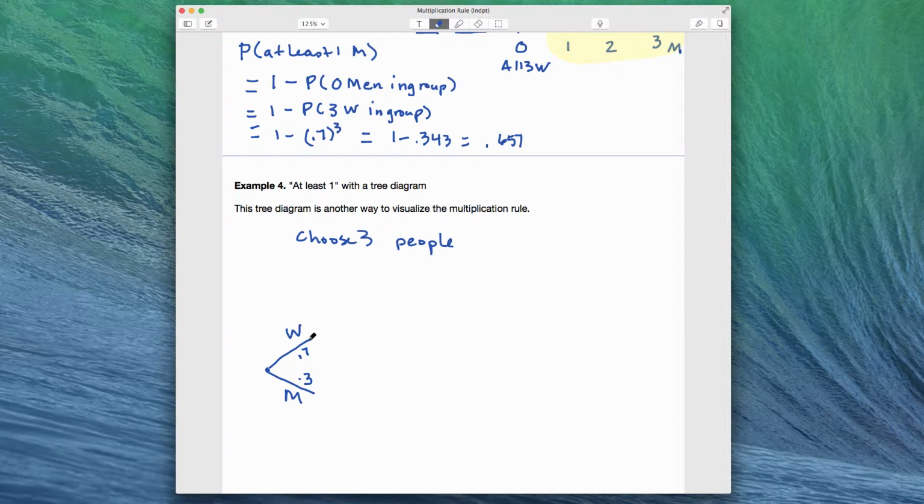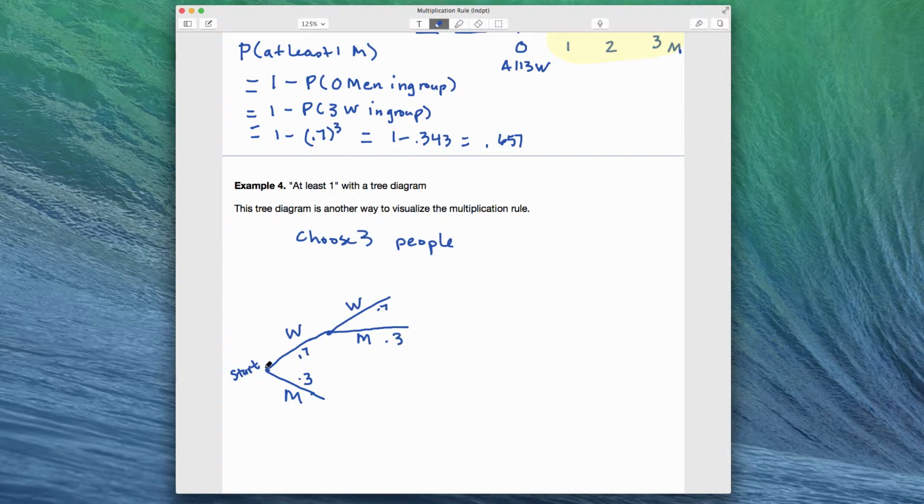I'm going to extend these a little bit. Now you go to pick your second person. So let's say we came from this starting point. Let's write start. You started, you picked a woman first. Well, now you're going to pick your second person because we need to pick 3. What could happen? Well, you could get a woman again, 0.7 probability, or you could pick a man, 0.3 probability.